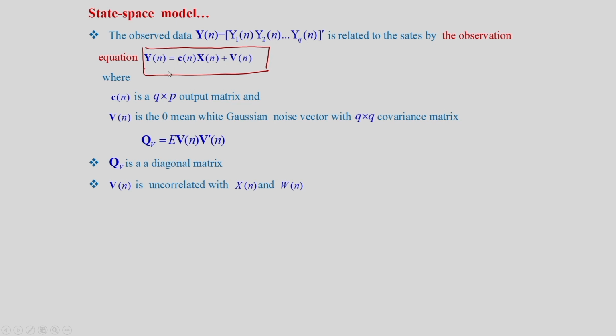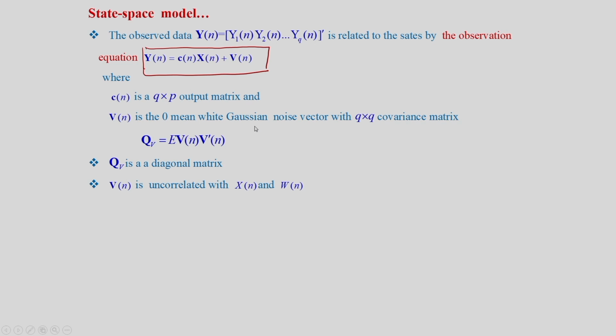Now, here cn is a q by p output matrix, because yn is a q dimensional vector, therefore this matrix is a q by p matrix. vn is a zero mean white Gaussian noise vector. This is the measurement error or measurement noise, which is also assumed to be white.